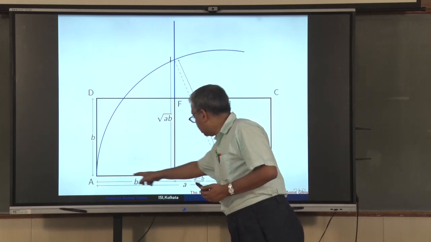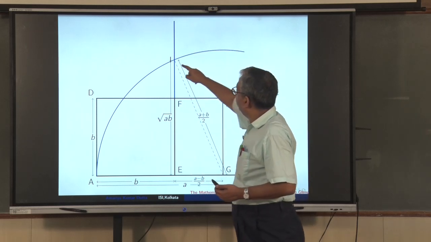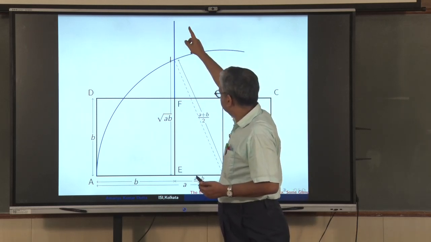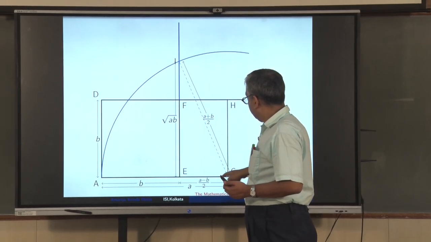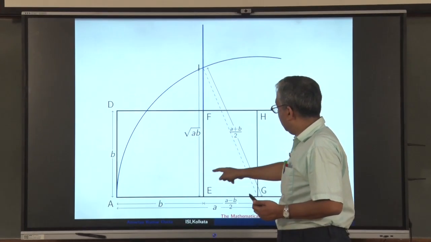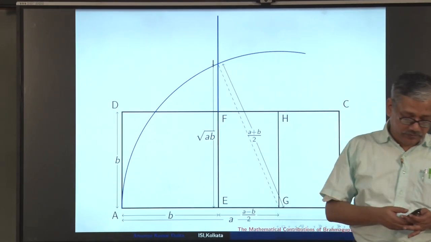So, this whole thing becomes A plus B by 2. Then you have an arc, see where it meets this side extended. So, this part is A plus B by 2 and this part is A minus B by 2. And what Baudhayana says is that this gives you the length.